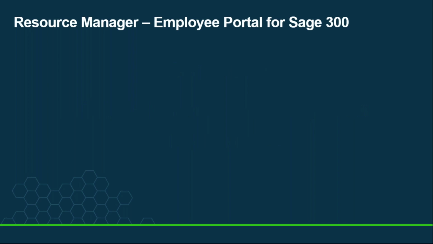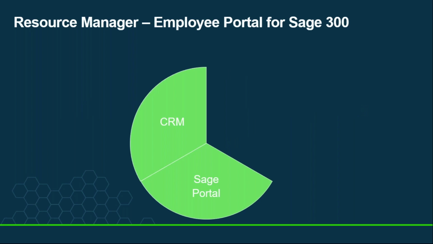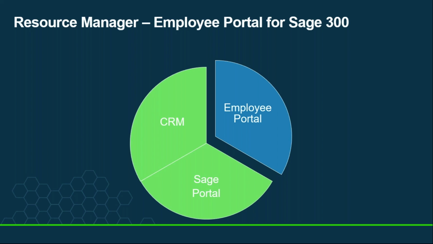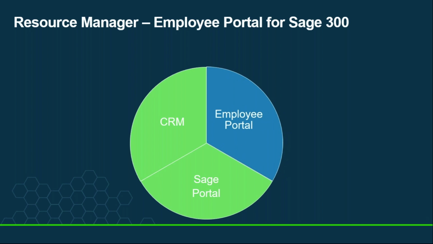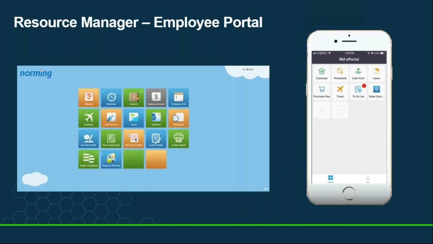So in terms of Resource Manager, as I mentioned in the last session, it creates an employee portal that integrates directly into Sage 300. So it's an additional portal using web applications or mobile apps, just like CRM and Sage web screens. The idea is that we want to incorporate employee activities into Sage 300 seamlessly without rekeying any of that information.